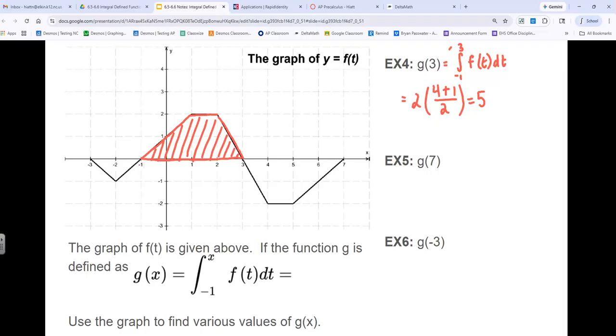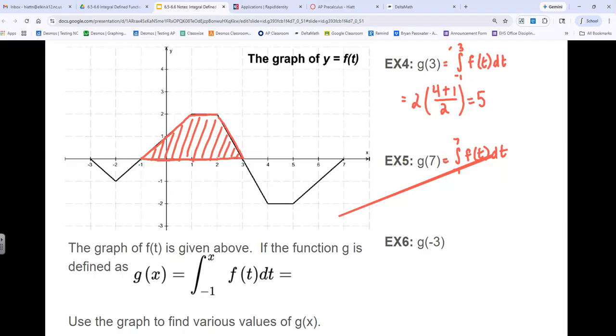If I'm asked to find G of 7, then you're just plugging 7 in for that x. It's the integral from -1 to 7 of f of t dt. Now, -1 all the way over to 7 includes what we just found, right?